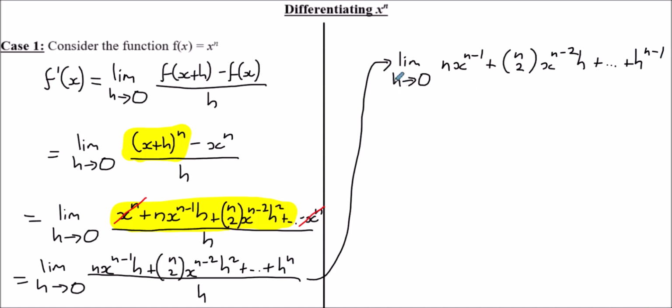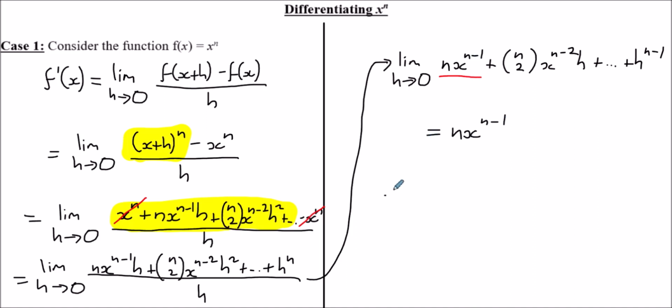But if h is going to go towards 0 in the absolute limit, just think what will happen to all these terms with a h still present in them. Because h is going to shrink down towards 0, all these terms after the original one will just shrink down to nothing. And so all we're going to be left with is the first term over here, n x to the power n minus 1. All other terms will just become absolutely insignificant.